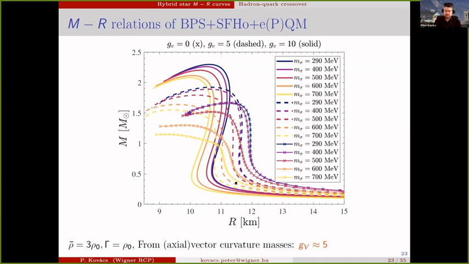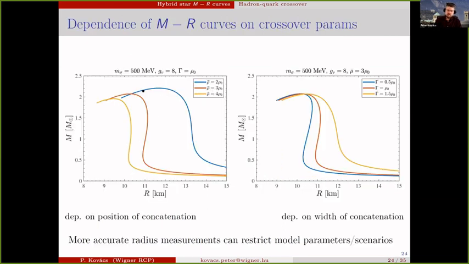What else we can see here is that we can change these concatenation parameters, how we put together the hadronic and the quark part. In this case, we change the position where we use this crossover, and the curves can vary a lot. And the other is when we change the width of this concatenation.